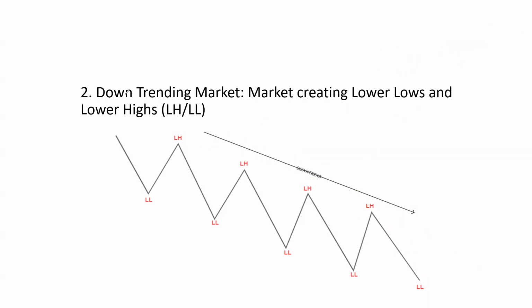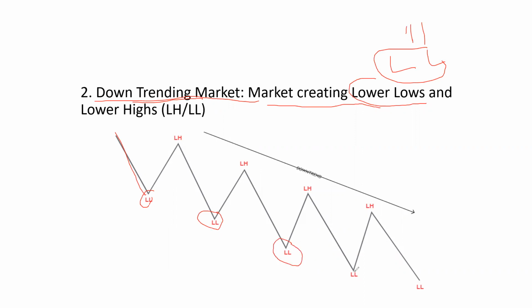So a downtrending market creates lower lows, or LL. In the first one, it was HH, higher highs. Now this one, it is LL. So the market keeps creating lower lows, lower lows, lower lows.